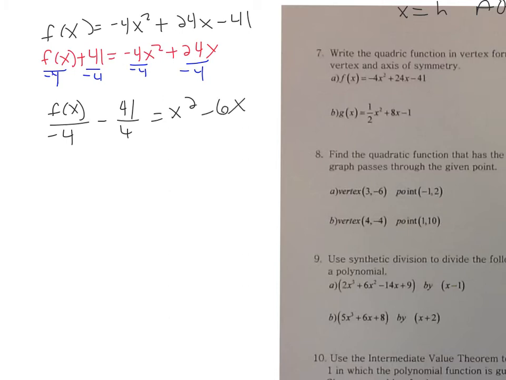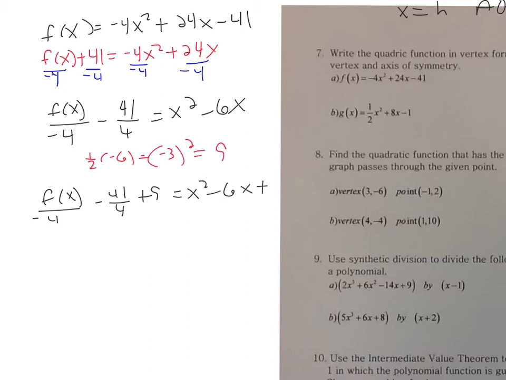All right, now I do half of negative 6 is negative 3, squared is 9, add that to both sides. So I get f of x over negative 4 minus 41 over 4 plus 9 equals x squared minus 6x plus 9. And then the right side factors and becomes x minus 3 squared. And then when I combine my terms, I get f of x over negative 4 and negative 41 over 4 plus 9.